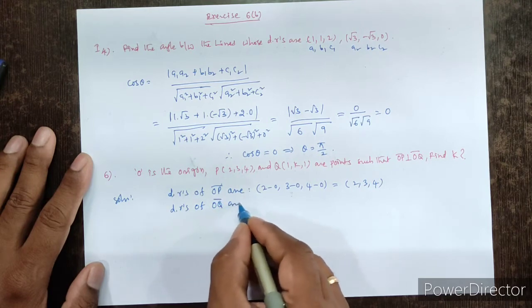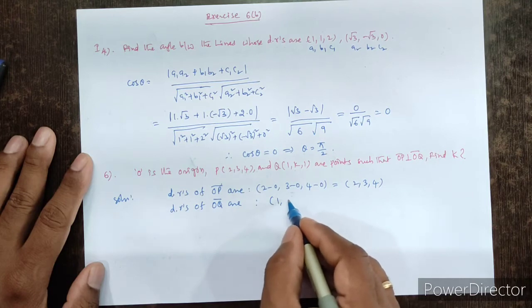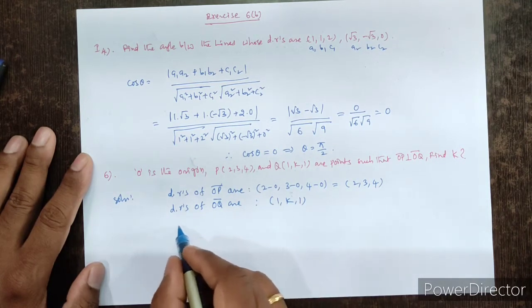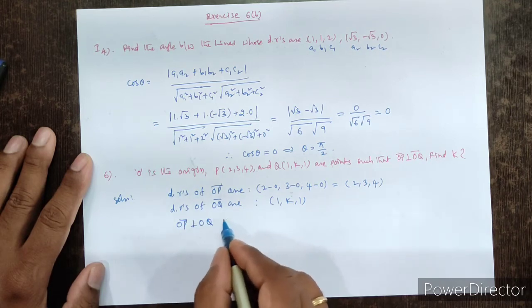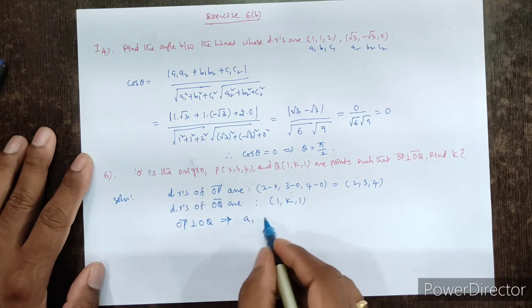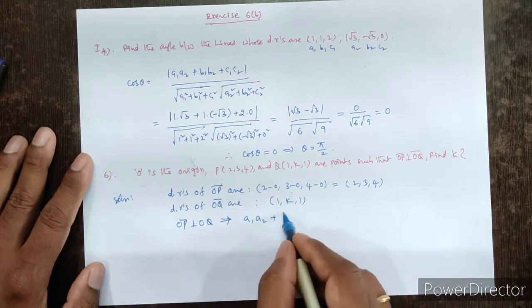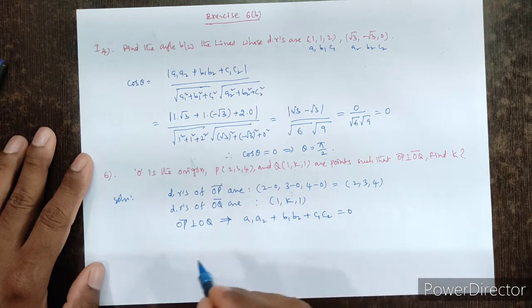OQ are simply the given point Q, 1, K, 1. Since OP is perpendicular to OQ, what is the condition? The direction ratios should satisfy a1 a2 plus b1 b2 plus c1 c2 equal to 0.